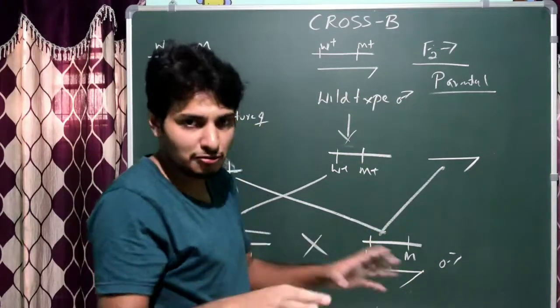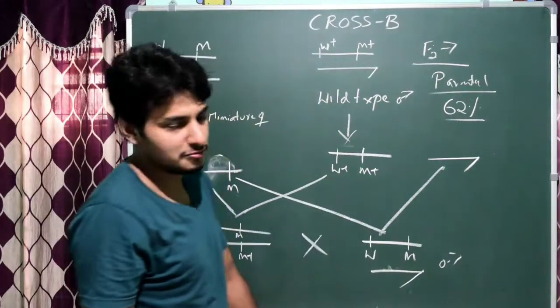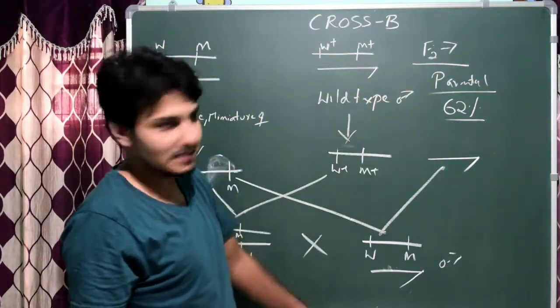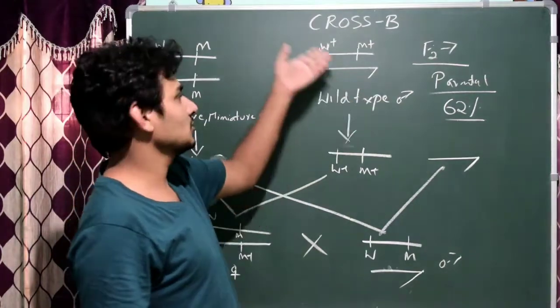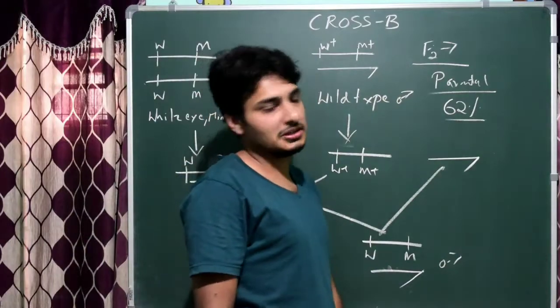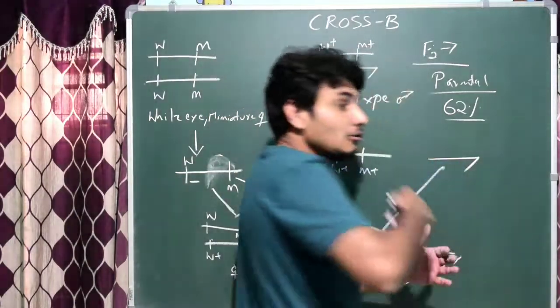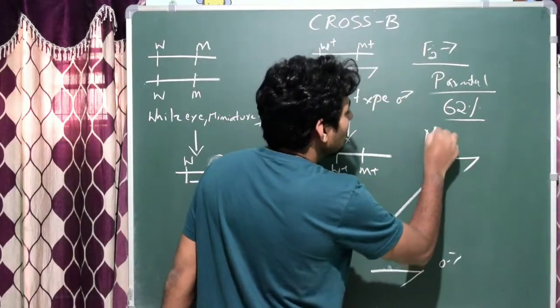Out of 100 offspring, only 62% of the F2 offspring were exhibiting the parental type, that is white eye miniature wing, and wild type, that is red eye, normal wing. Then he observed a high number of non-parental type.